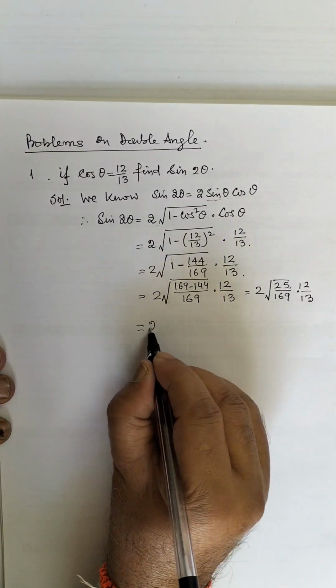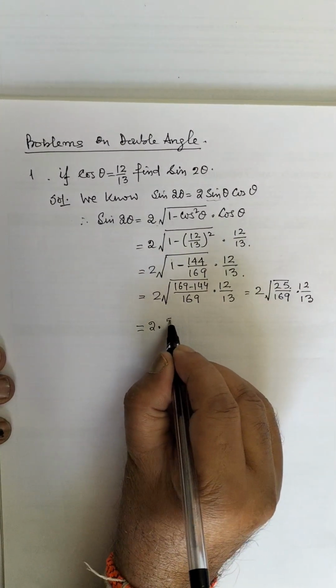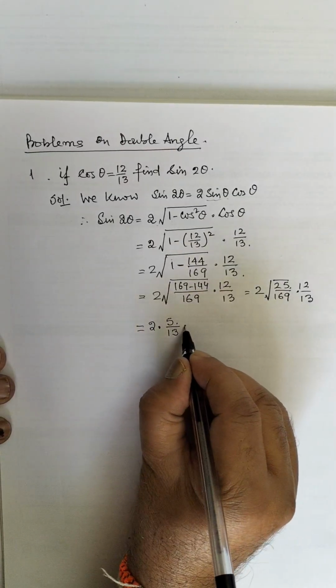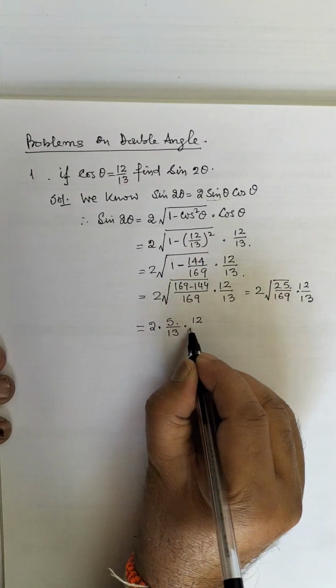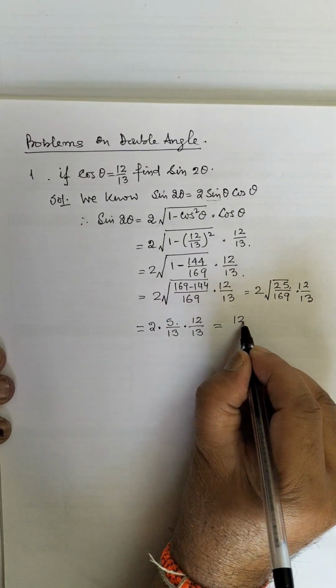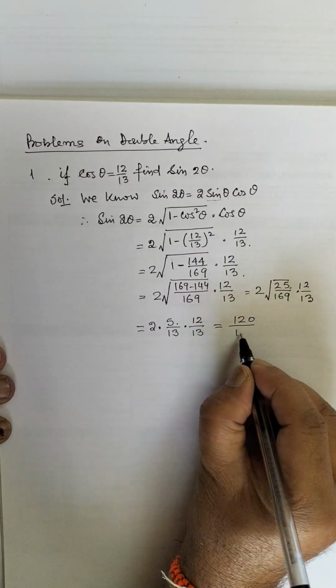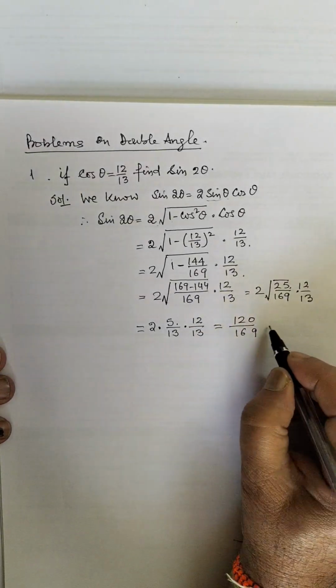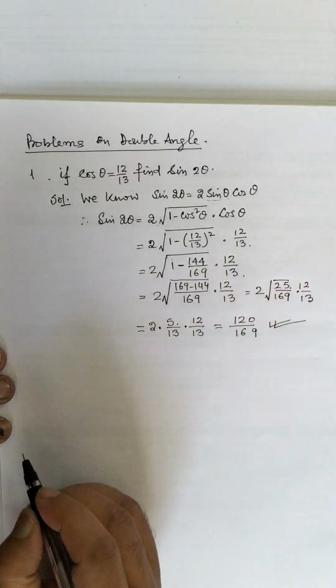This will become 2 times of 5 upon 13 multiplied by 12 upon 13, which is 120 upon 169. This is our final answer.